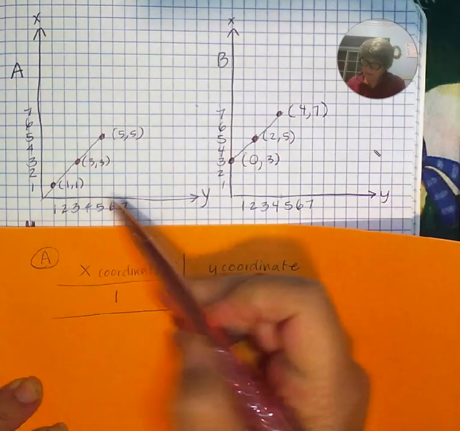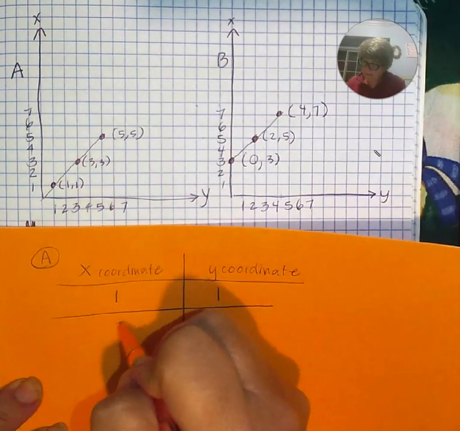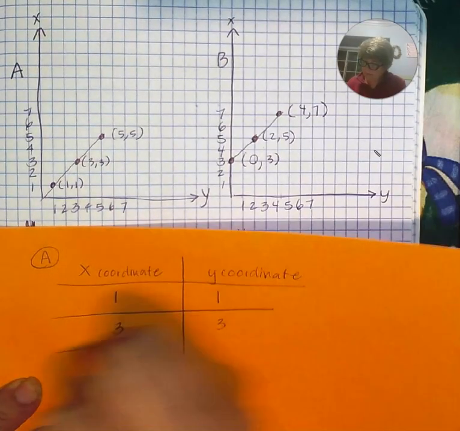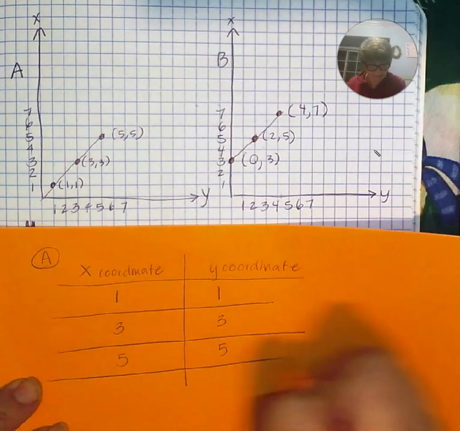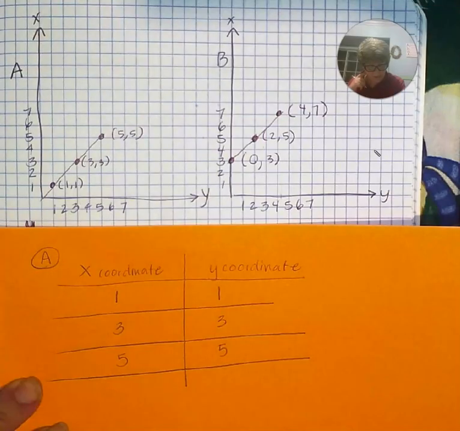The next point, our X is 3, our Y is 3, and the last one, our X is 5 and our Y is 5. All right, so the X coordinates represent one number pattern and the Y coordinates represent another number pattern. What is the next term in each pattern?